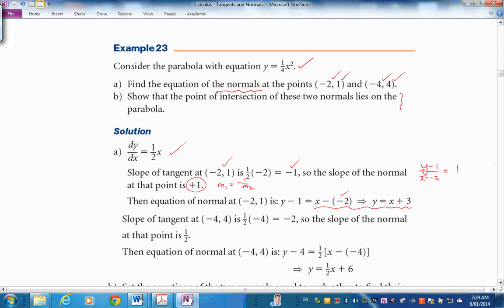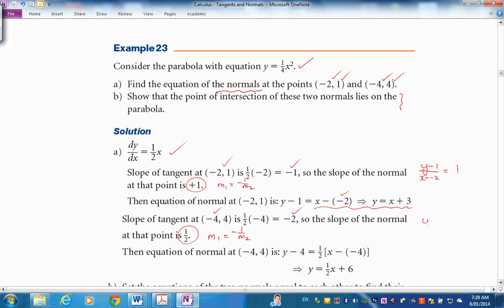Okay, so the slope of the tangent at the other point, put in x is -4 into the derivative, get -2. Don't forget it's a normal, so the slope is minus 1 over -2, or just a half.